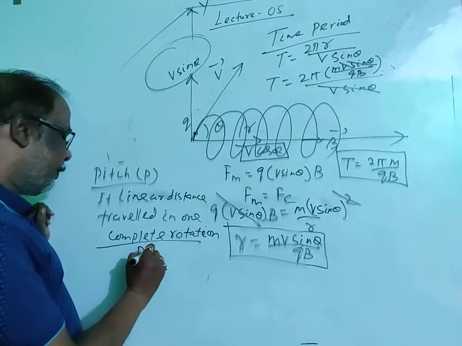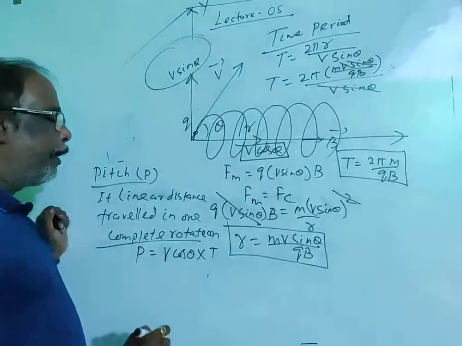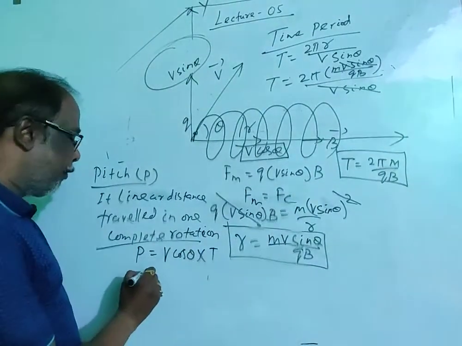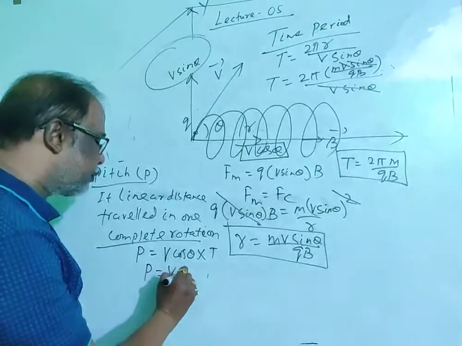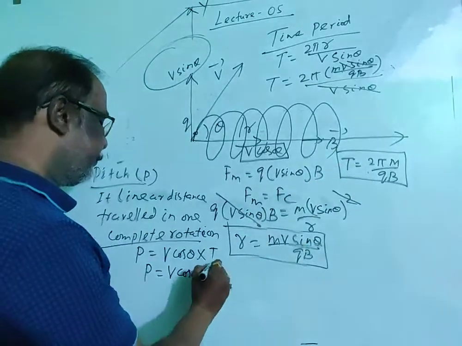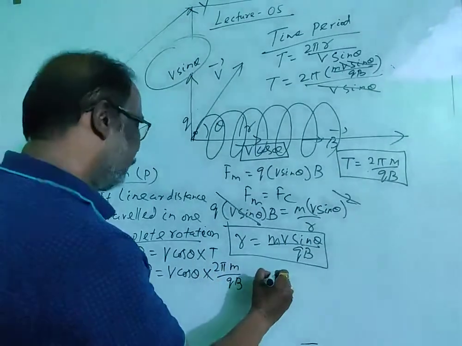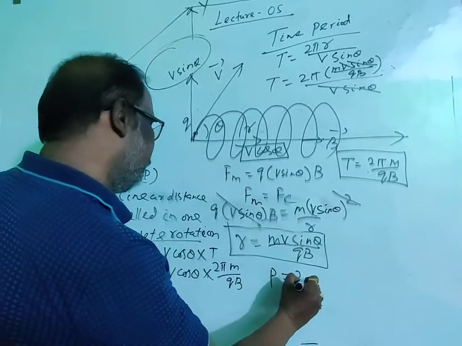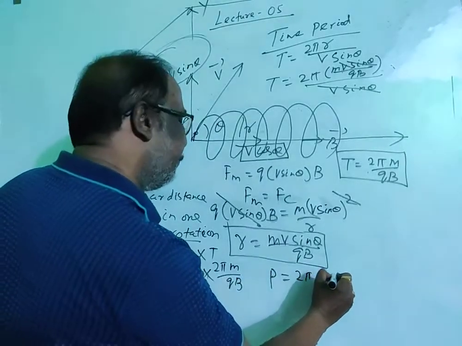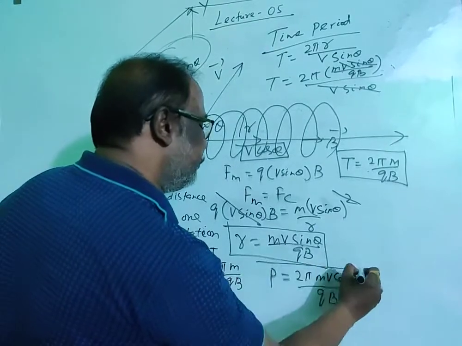So pitch p is v cos theta into T. Time period we have found is 2 pi m divided by q B, and solving we may write p is equal to 2 pi m v cos theta divided by q B.